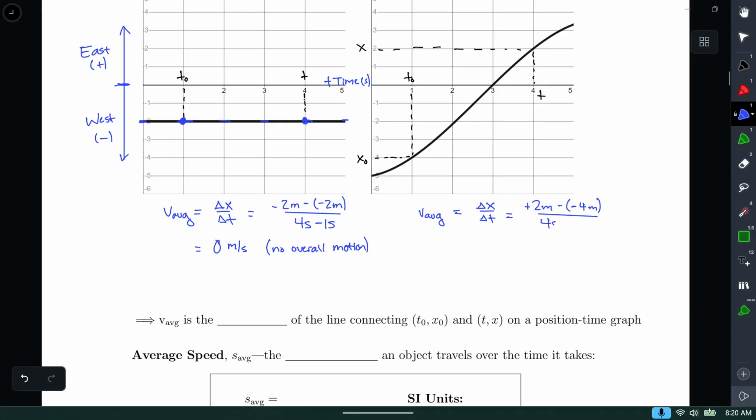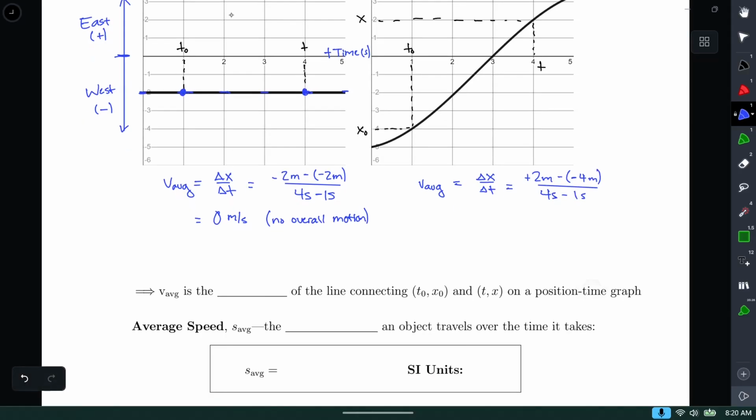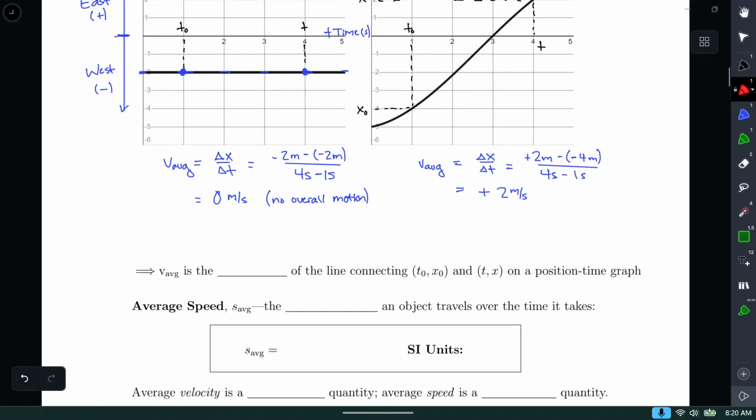We did that between 1 and 4 seconds. And so that is 6/3, or positive 2 meters per second, where this means overall motion to the east.